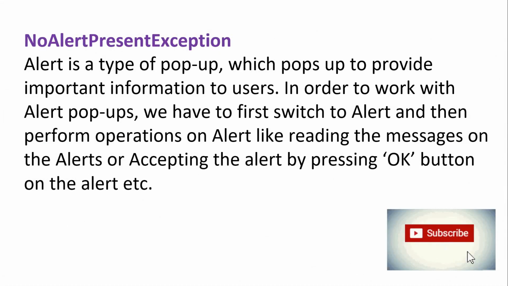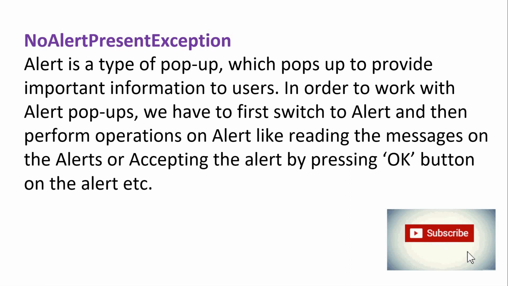So, NoAlertPresentException. An alert is a type of pop-up which appears to provide important information to users. In order to work with alert pop-ups, we first have to switch to the alert and then perform operations on it, like reading the message on the alert or accepting it by pressing the OK button.